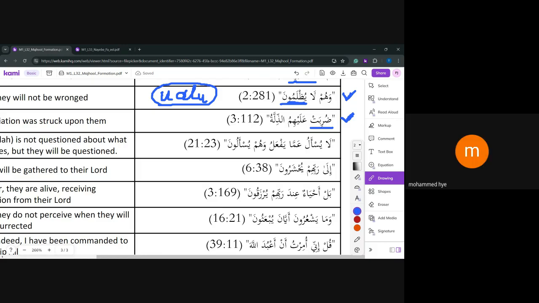And then you got alayhimuz zillatu. So you thought there is no Naib Fa'il, and the hidden Naib Fa'il is here, but we can see there is a clear Naib Fa'il here. Zillatu, that is all. That Dhamma, can you see? Yes, it is the Naib Fa'il. Okay, is that clear?